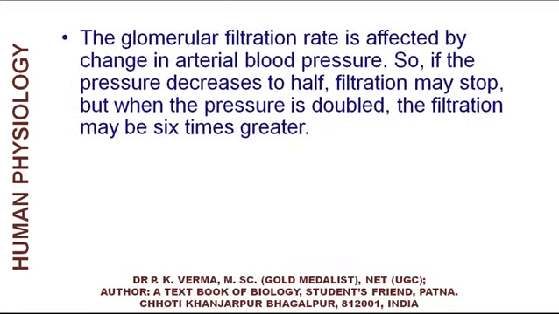The glomerular filtration rate is affected by change in arterial blood pressure. So, if the pressure decreases to half, filtration may stop. But when the pressure is doubled, the filtration may be 6 times greater.